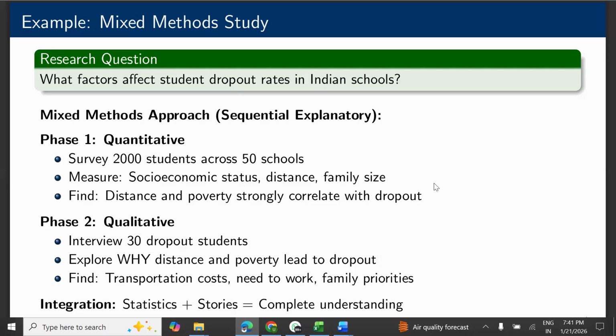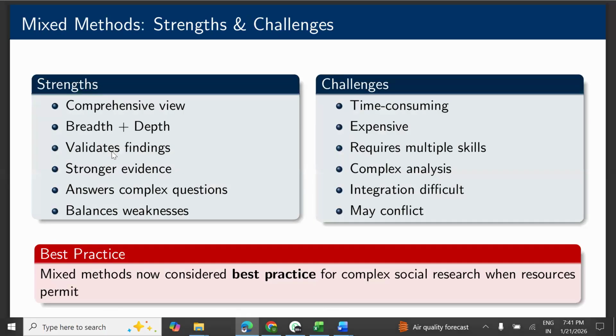In phase 2, you will be doing a qualitative study, where you will be interviewing 30 dropout students and exploring why distance and poverty lead to dropout, and finding transportation cost, need to work, family priorities. So what you are doing is basically integrating the statistics plus stories for a complete understanding. So mixed methods are followed largely.